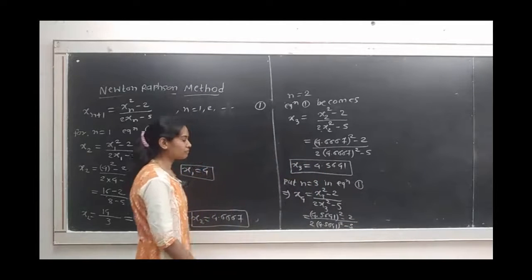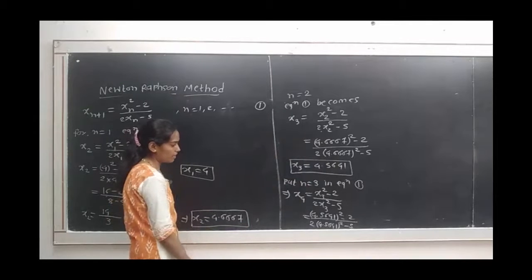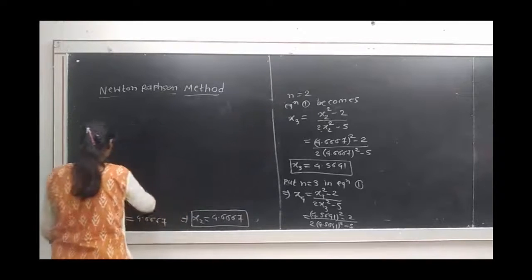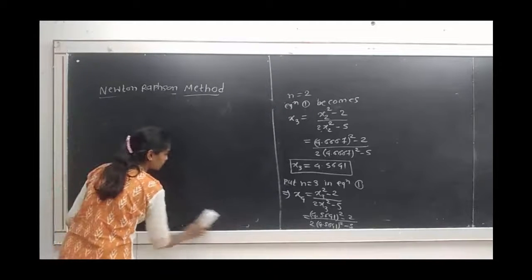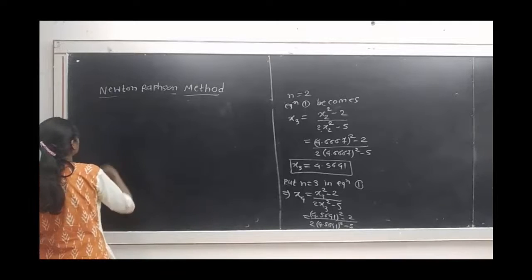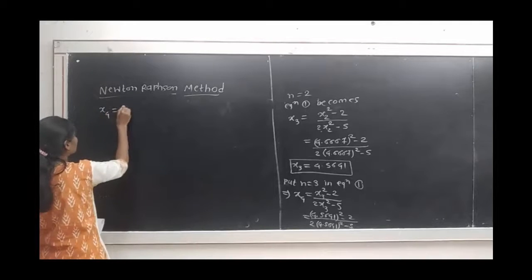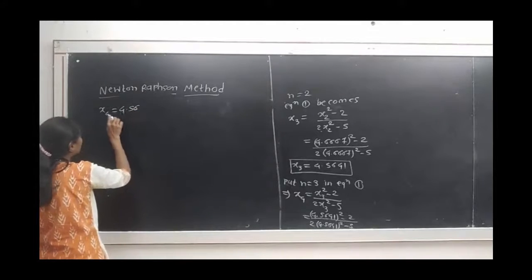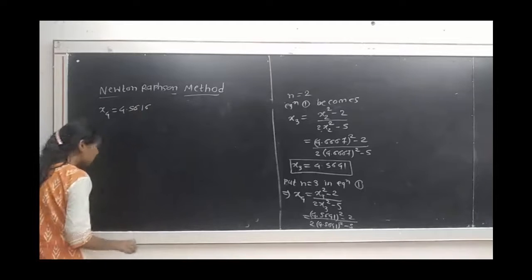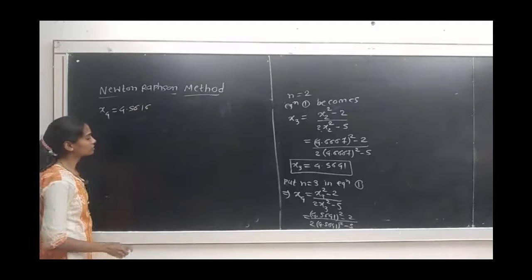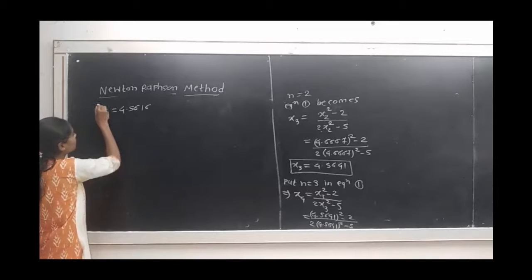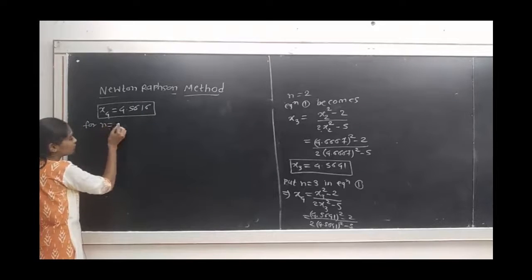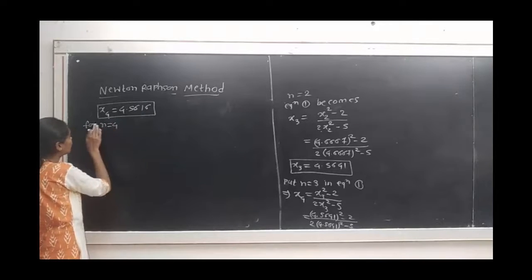Again by simplifying, we get the next approximate root, x4, equal to 4.5616.